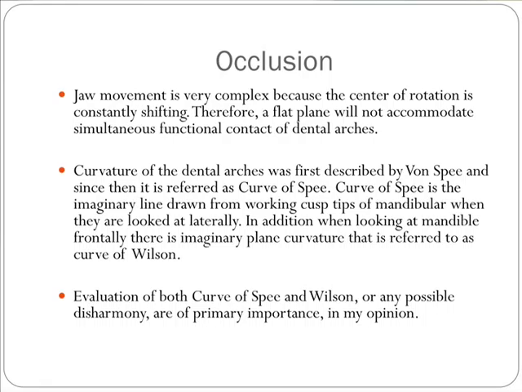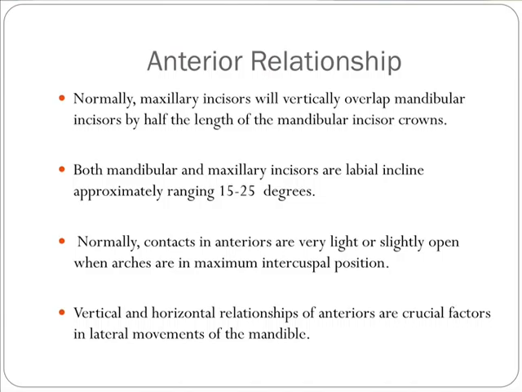In my opinion, an overall evaluation of the curve of Spee and Wilson for any possible disharmony should be the first step. The next important step in the evaluation of occlusion should be the relationship of size, position, and teeth to each other. Normally, the maxillary incisor will vertically overlap the mandibular incisor by half of the length of the mandibular incisor crown.